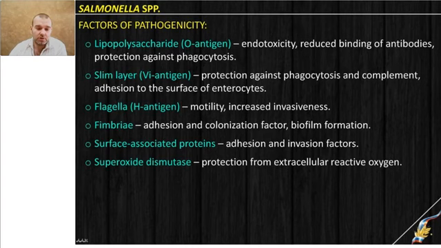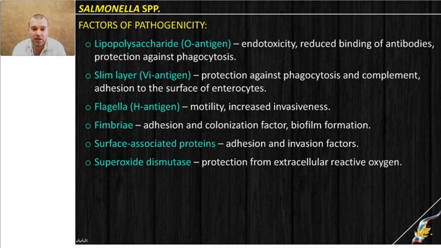So again, if we talk about factors of virulence or pathogenicity, bacteria have lipopolysaccharide O antigen, which can reduce binding of antibodies to the surface of bacteria. It is a protection against phagocytosis, and when released into the systemic circulation, it has a non-specific toxic effect.